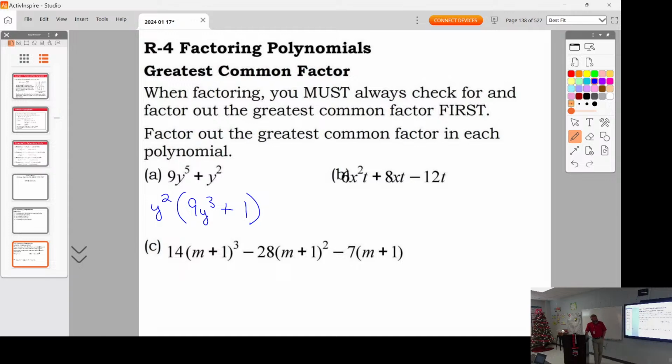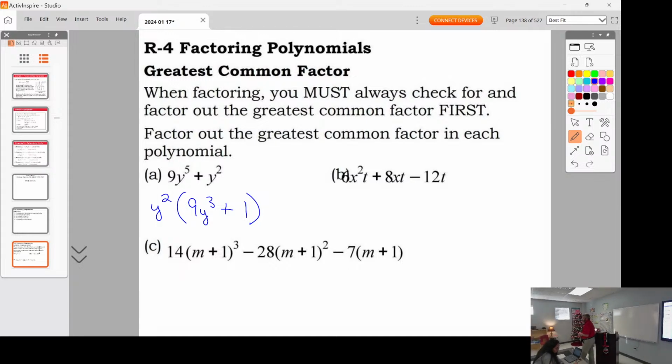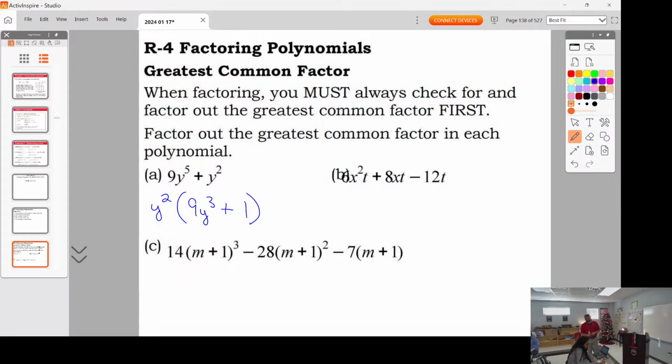Letter B, how many terms? 3 terms. Give you a second to write those down. We have 6x squared t plus 8xt minus 12t. Looking at it a piece at a time, let's look at the numbers. Is there a number that goes into 6, 8, and 12?